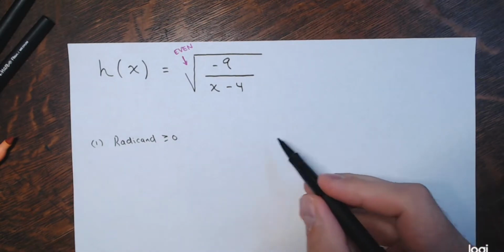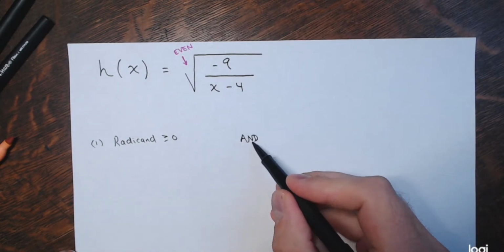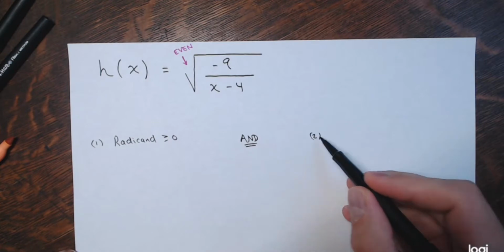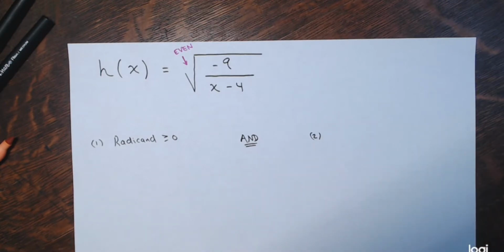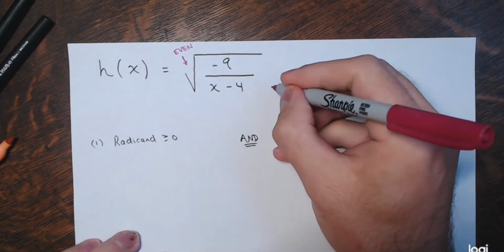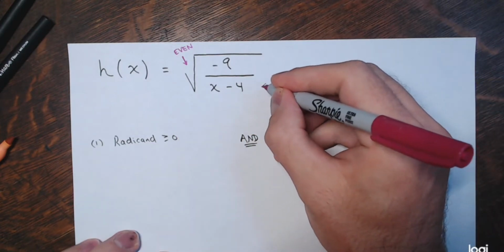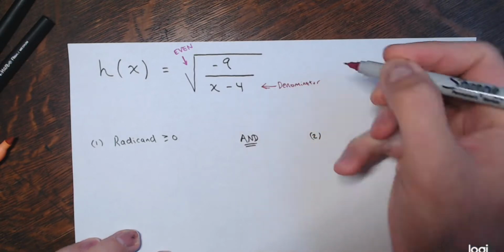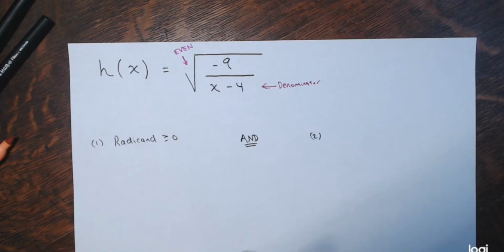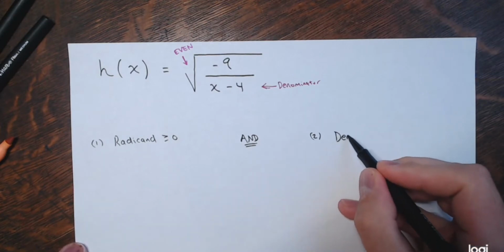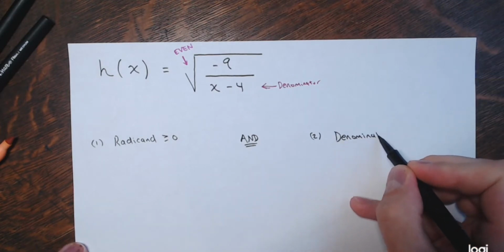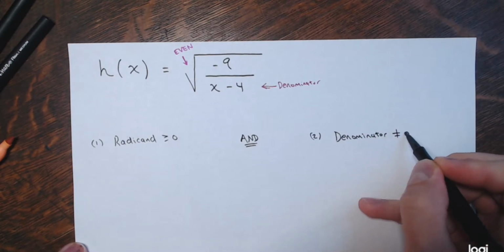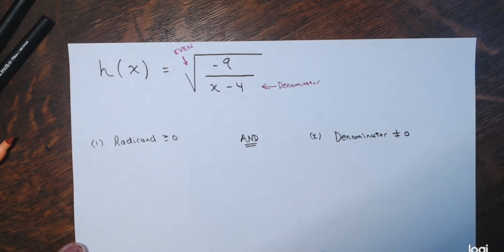And two, at the same time, there's a denominator with a variable, and the denominator can't be 0. So we have to consider both things.